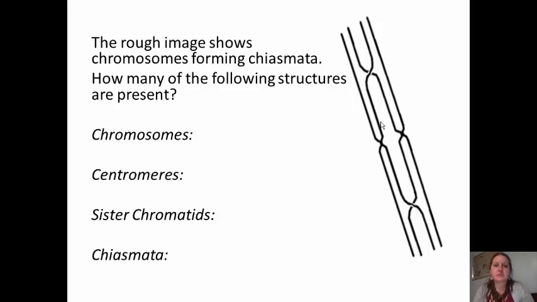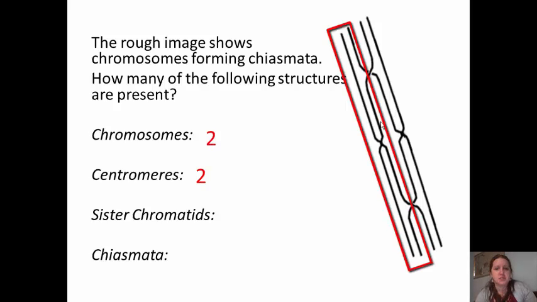All right. I personally find that the easiest thing to start with is, where are my centromeres? Remember, your centromeres hold 2 sister chromatids together. So you have 1, 2 chromatids. So those are there. So if you have 2 centromeres, you have 2 chromosomes.